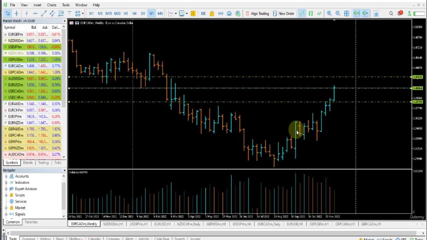So that means that side is winning, because the investors are putting their money step by step in the up direction. So the up direction is winning.